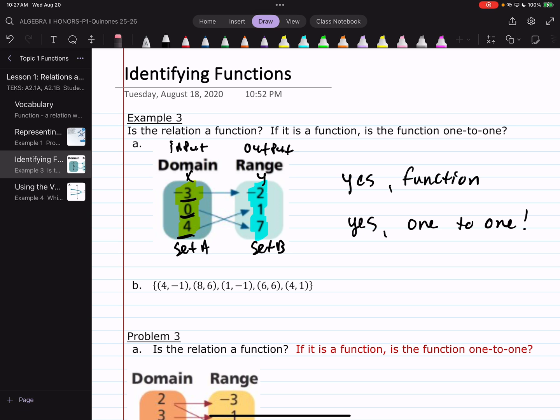All right, everybody, here we go. A minute has passed. Let's talk about it. Can we even call this a function? You're saying no, but what is your evidence? Let's look at them as we go. 4 goes to -1.